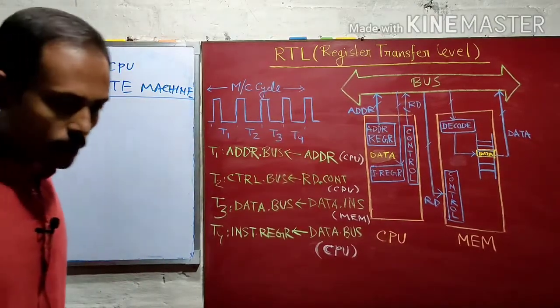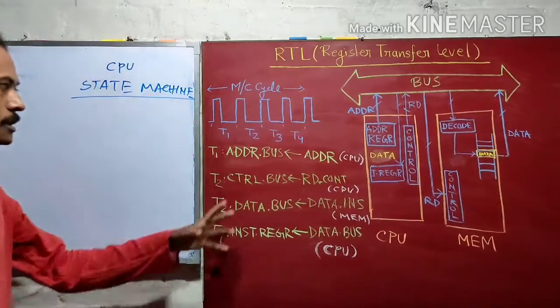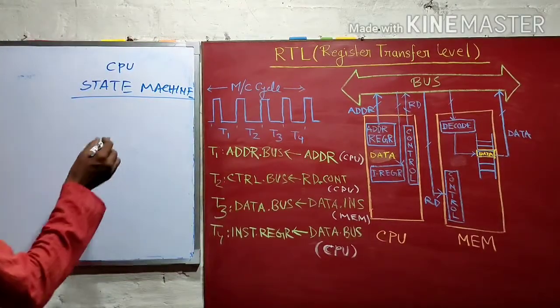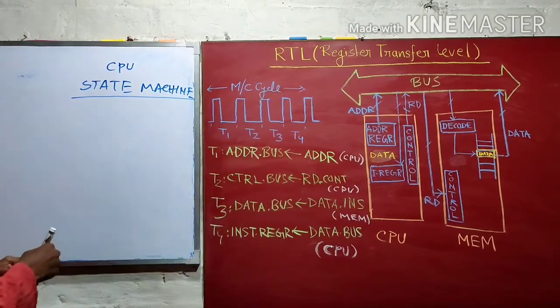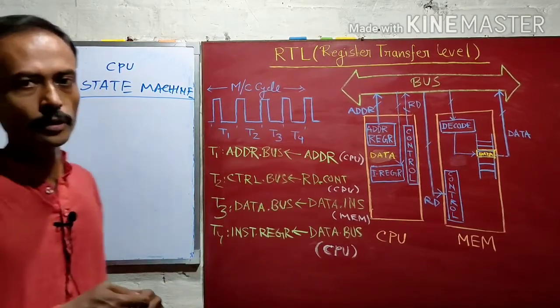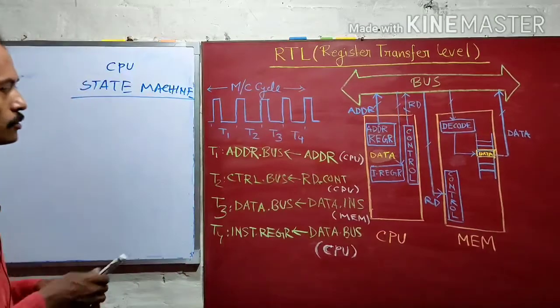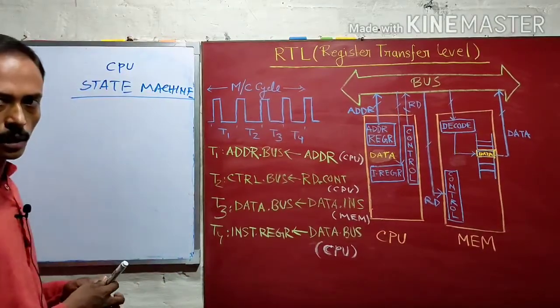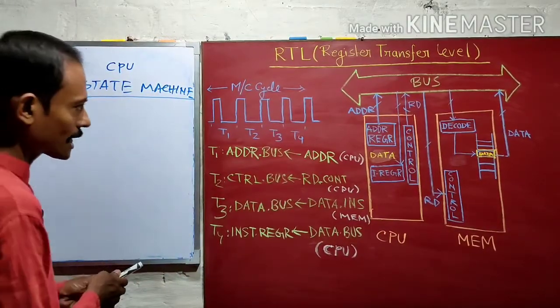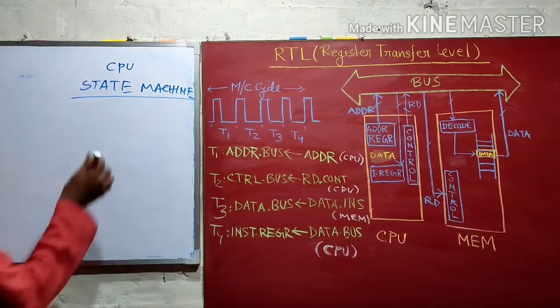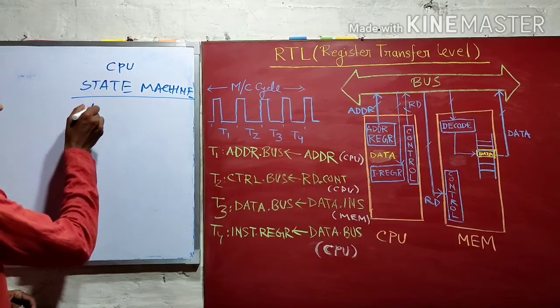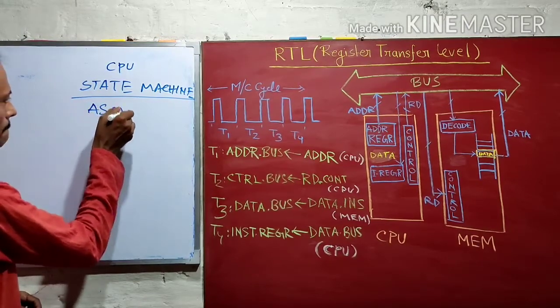So now if we draw the SM chart, the flow chart of these states, then it is like when you study the flow chart of a program, but there is a slight difference between the normal flow chart and this flow chart. So that's why it is called the ASM chart.